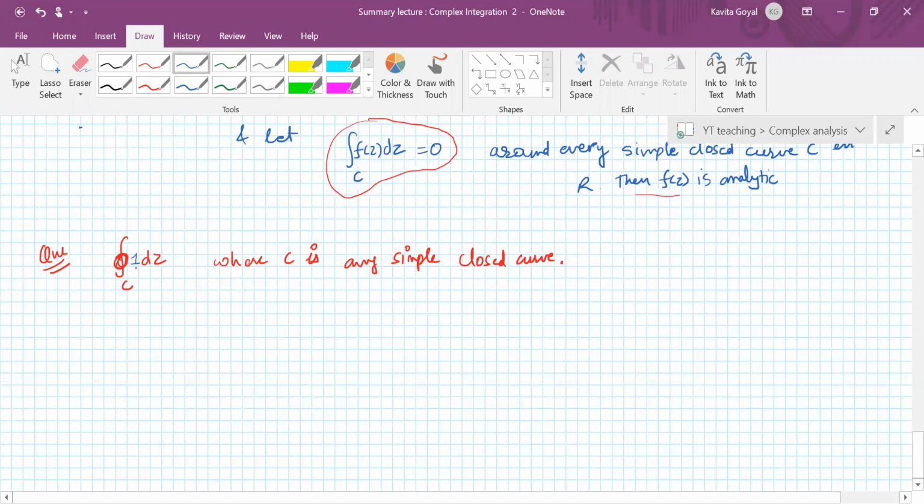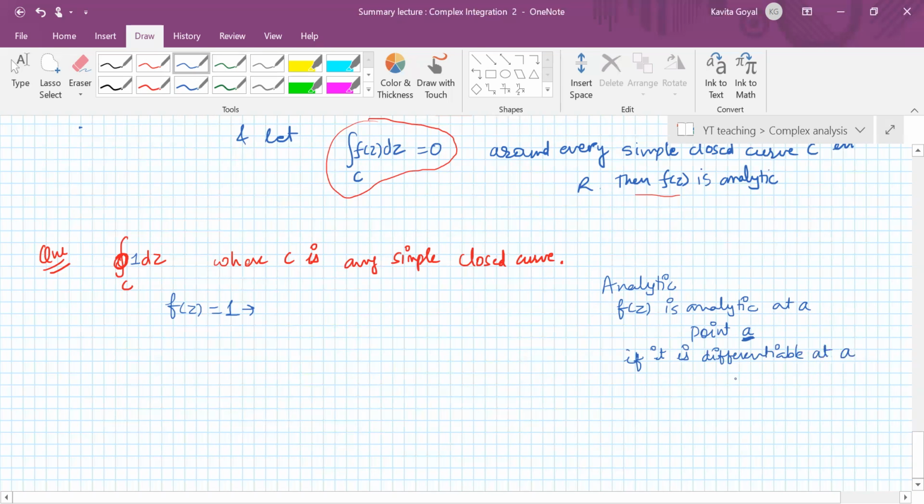You see your function here is 1, which is analytic. Let me write down the definition of analytic. f(z) is analytic at a point a if it is differentiable at a plus it is differentiable in a neighborhood of a, however small that neighborhood can be.